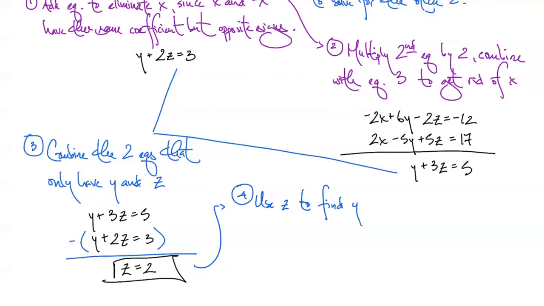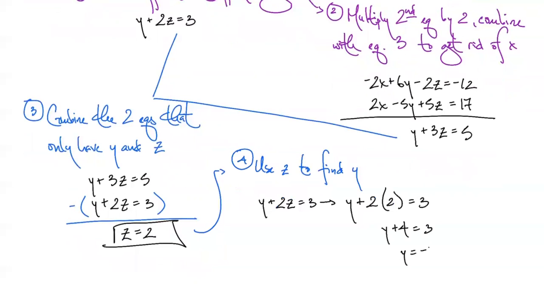I'm going to use the y plus 2z one, just because the numbers are smaller, but you can certainly use the other one, that's fine too. And I think we get y equals -1.